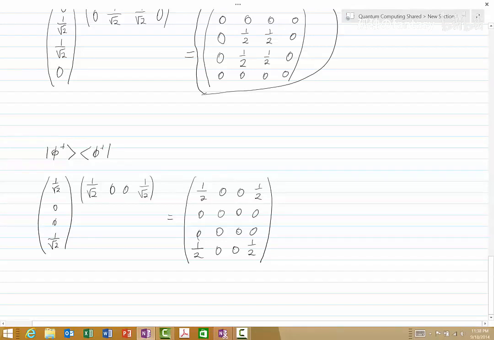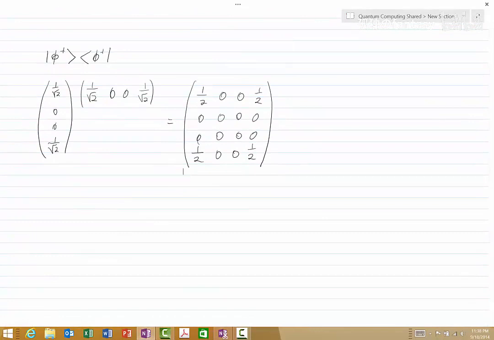So I hope that now, after going through several examples of exercise 4.1, it is easy to go from the bracket form of an operator to the matrix form. And now in exercise 4.2, we're going to be doing exactly the opposite.